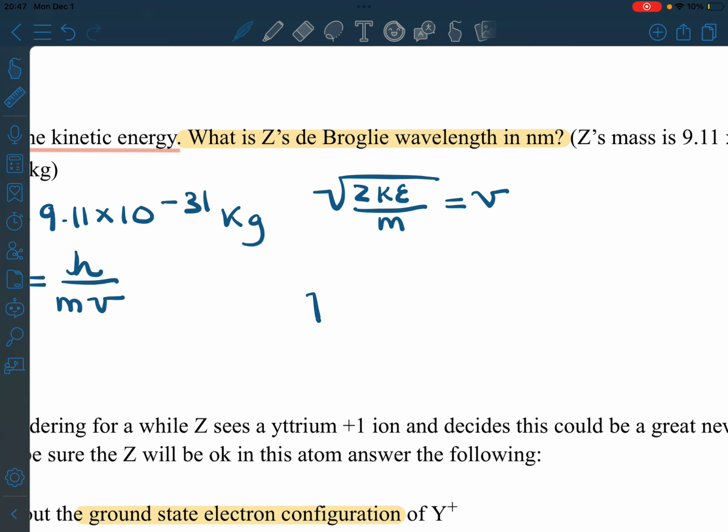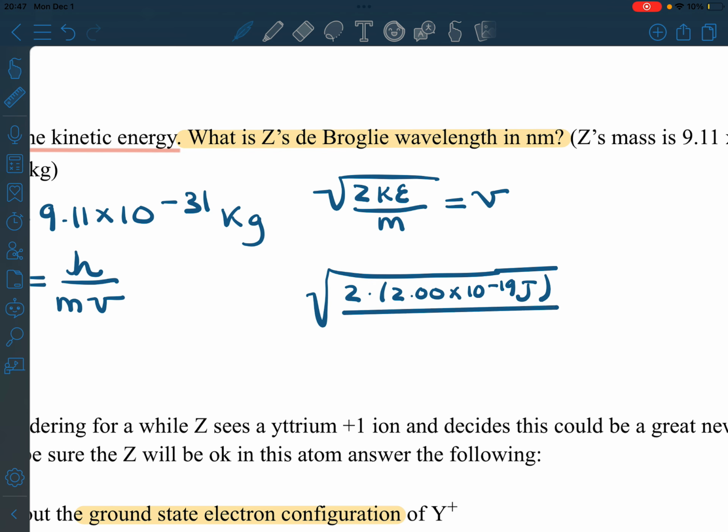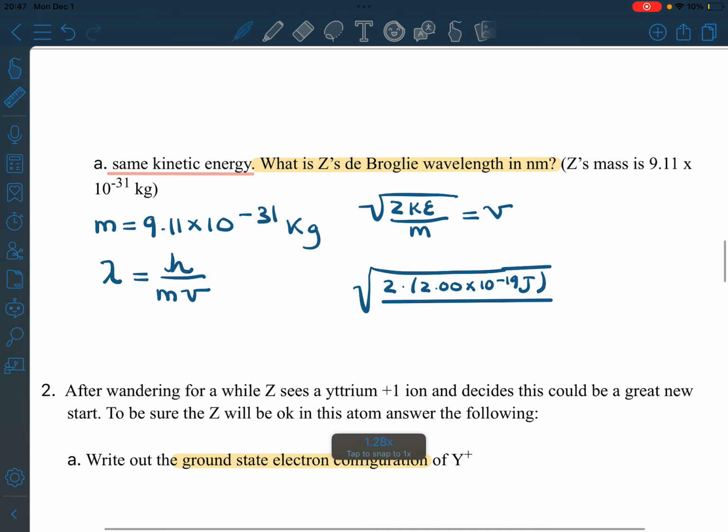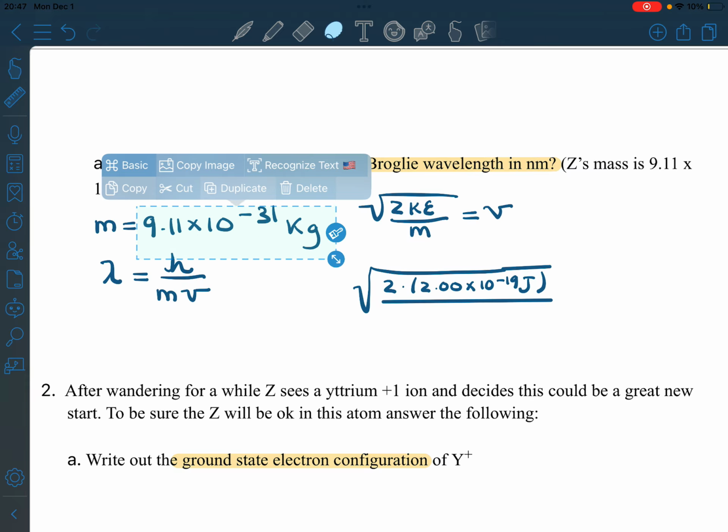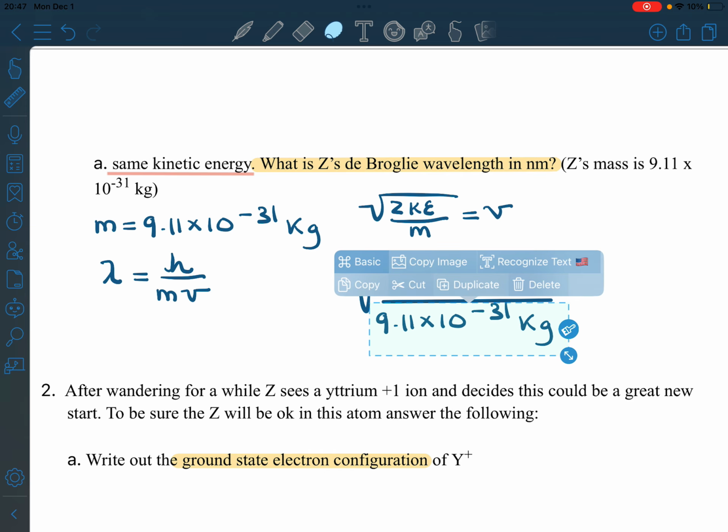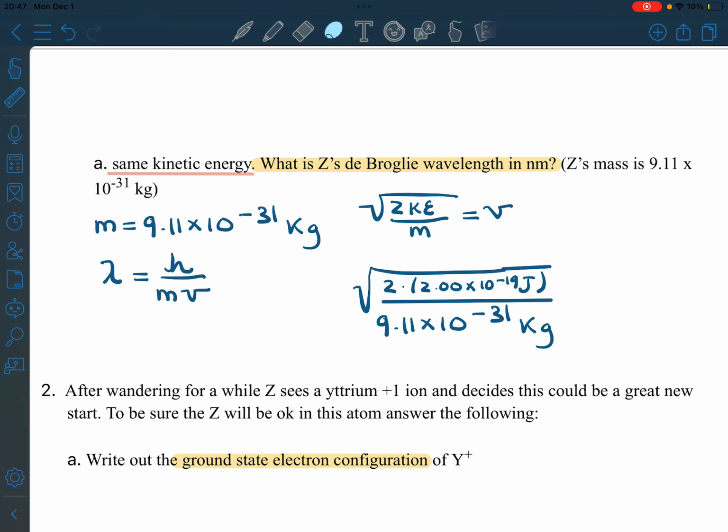So the square root of 2 times 2.00 times 10 to the negative 19 joules, all over the mass which was given. Pretend this is all under one big giant square root.